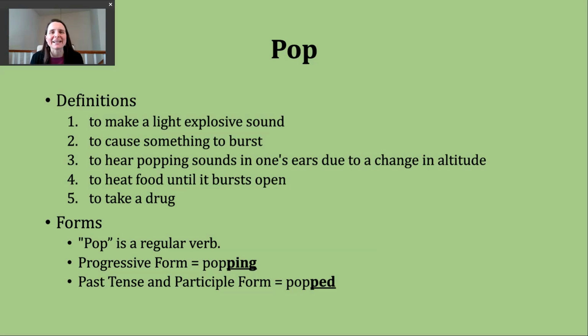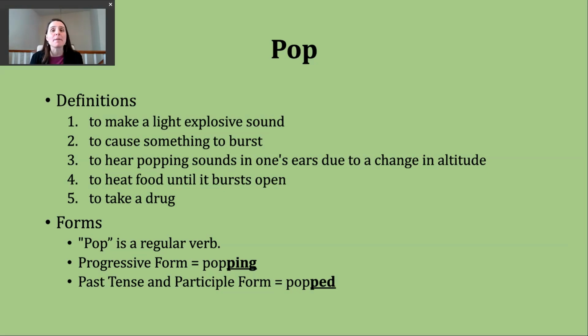That forms popping. The past tense and participle forms are going to follow a similar pattern, right? So I double that last P, then I add ed. Our base verb, pop, ends in an unvoiced P sound. So our past tense ending is going to make a T sound.